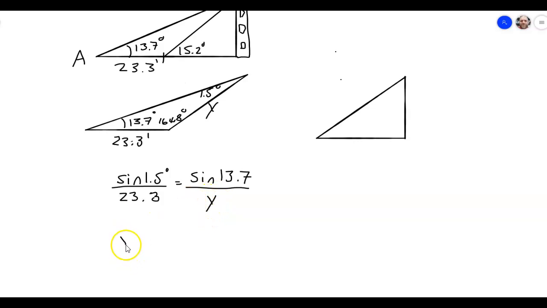And therefore y is equal to, we're just going to cross multiply and then divide. So this is going to be 23.3 times the sine of 13.7 all over the sine of 1.5. That's just cross multiplying these two and then dividing by this one. You could do that in a couple of steps if you want to. And then I'm just going to find out what that value is.